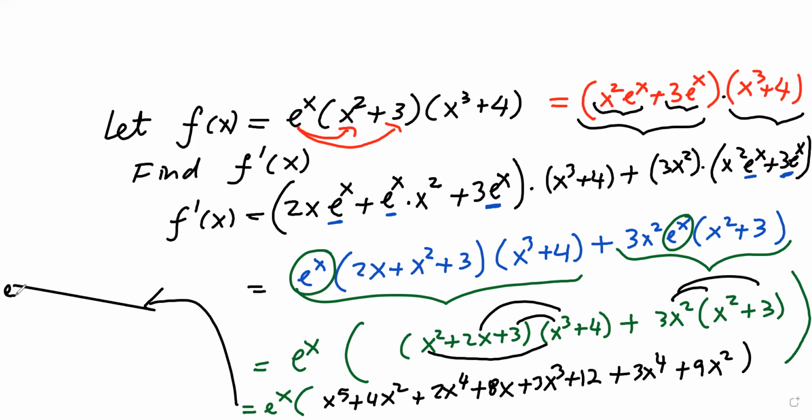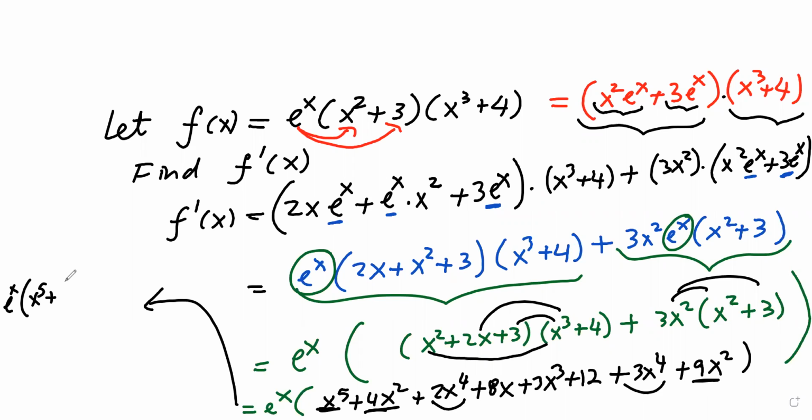So e to the x, parentheses. Now I have x to the 5. That's no like term to that one, but this one is 4x squared, and then I have 9x squared here. So that can be combined, but I will just do this one first because this is the second largest power.